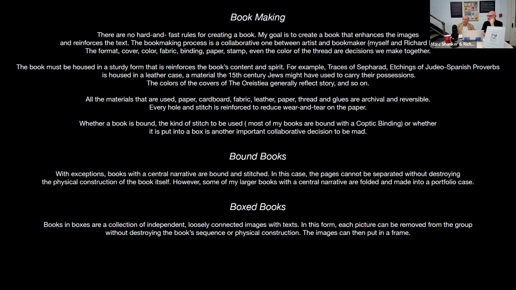A bound book usually has a narrative and goes in a sequence, page 1 to whatever, whereas a book that is put in a box doesn't have a sequence. It can be looked at in any sequence of pictures. You can change the order easily.